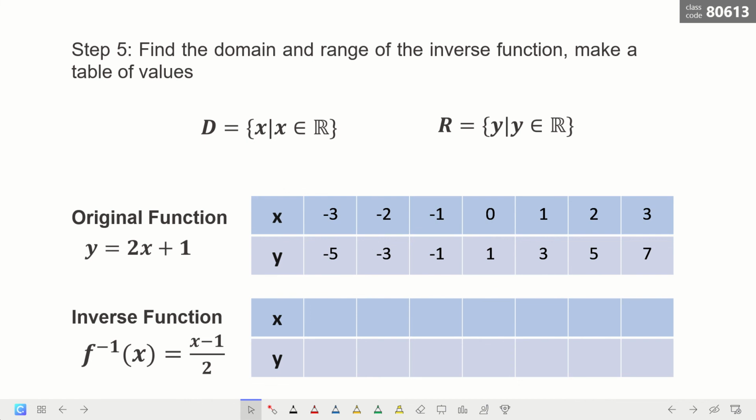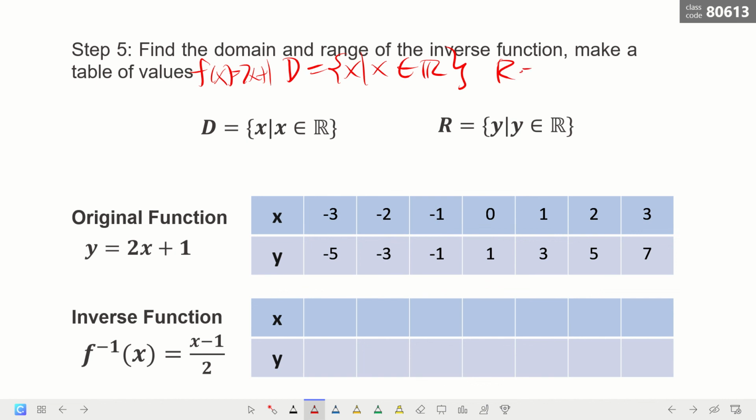So, to look for the domain and range of the inverse, sabi natin kanina sa definition natin, the domain of the inverse function is the range of our original function. Di ba, ang domain ng ating original function, f of x is equal to 2x plus 1, is x such that x is an element of real numbers.